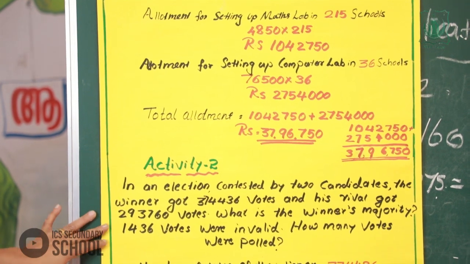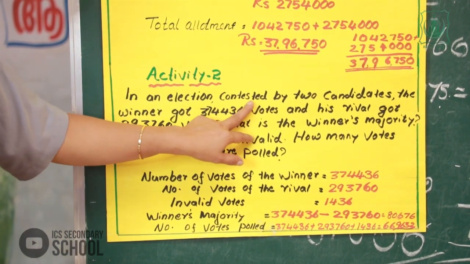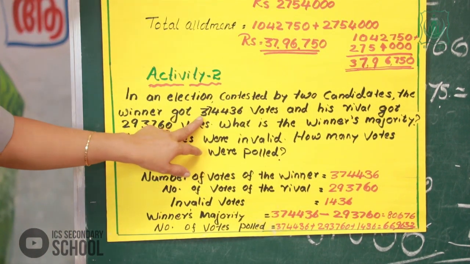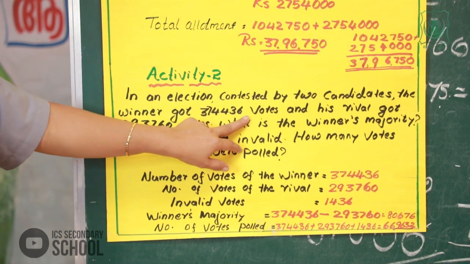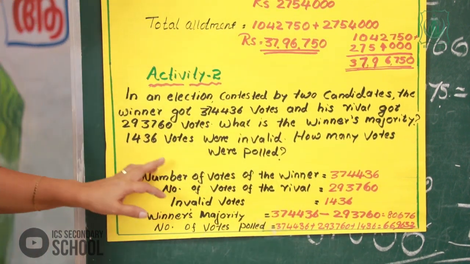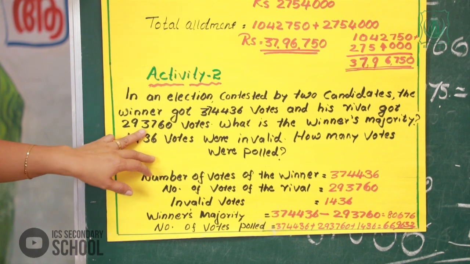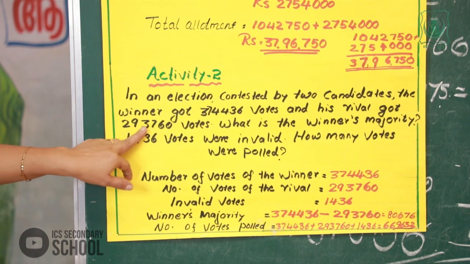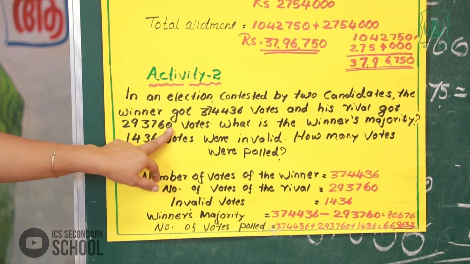Okay. Next activity. In an election contested by 2 candidates, the winner got 3,74,436 votes and his rival got 2,93,760 votes.